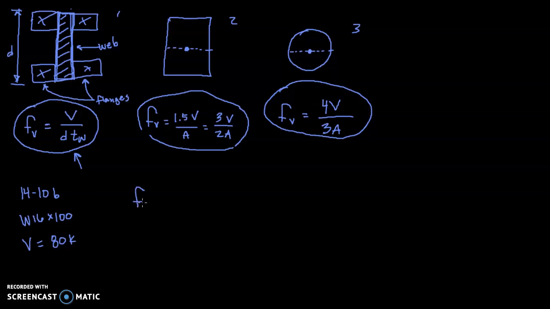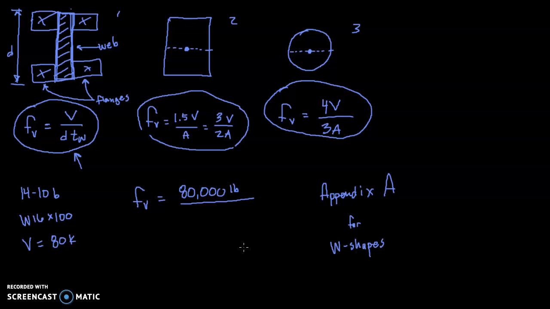So our shear stress is going to equal V, which is 80 kips, or we could do 80,000 pounds, divided by, okay, we're going to have to look up d, the depth of a W16 by 100. Information on wide flange sections can be found in Appendix A, which is for W shapes or wide flange shapes.